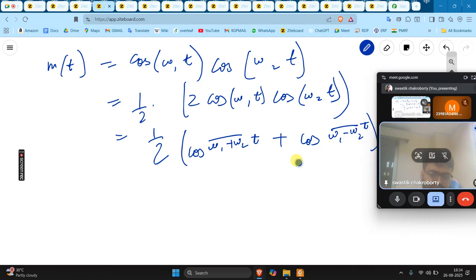Now these are the fundamental frequency components: half cos omega 1 plus omega 2t, half cos omega 1 minus omega 2t. Now if you want to do Hilbert transform, you just phase shift.